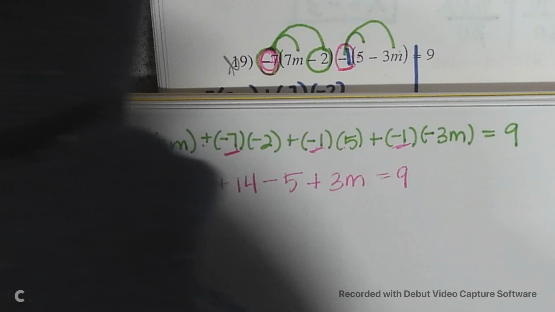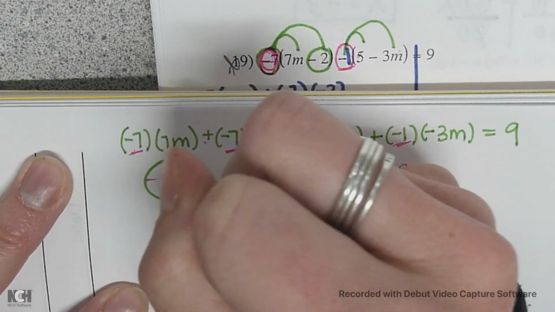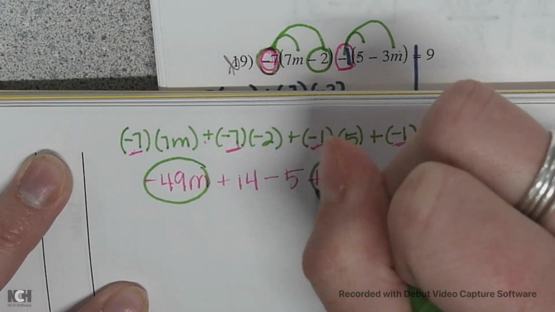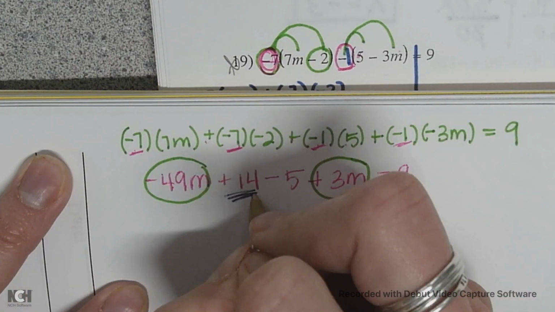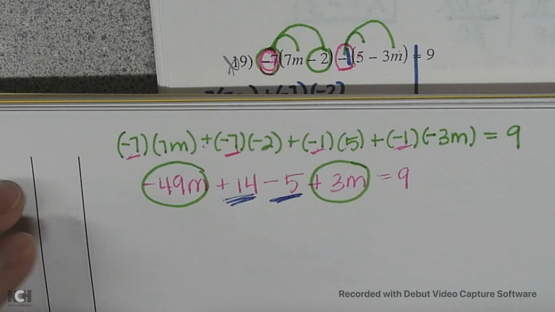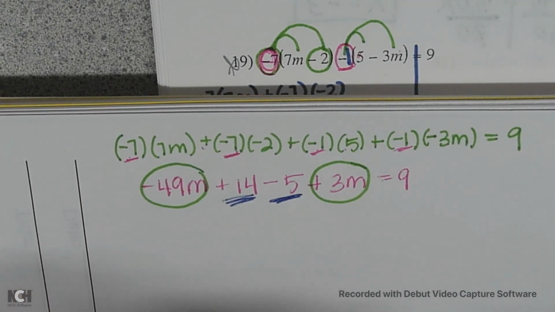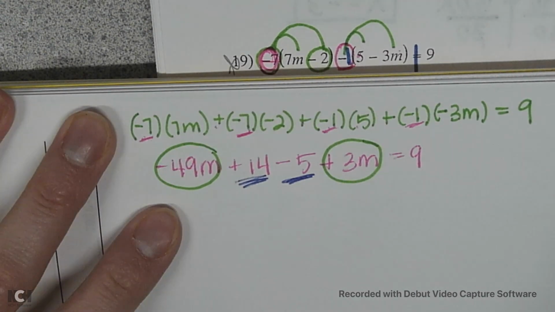My second step is to combine some like terms. Over here on the left-hand side, -49m and 3m are like terms. Also, my 14 and my -5 are like terms as well. So let's combine those guys. I zoomed in so much and then look at what happened.